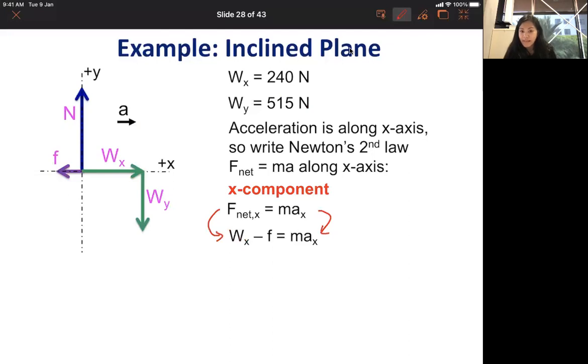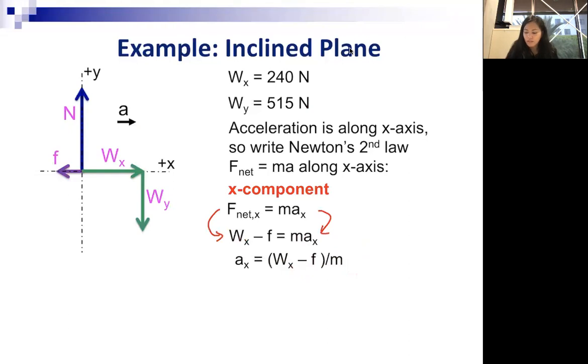We want to find acceleration, so we have to isolate acceleration. We need to get rid of mass. So we divide both sides by mass, and we have the left side, x component of weight minus friction force, divided by the mass. And we know everything.